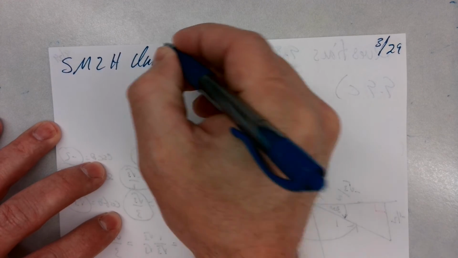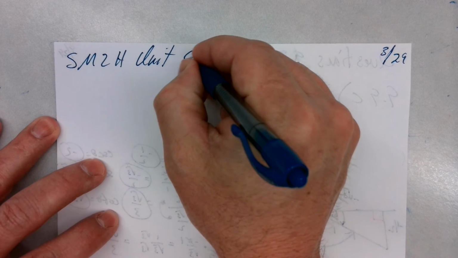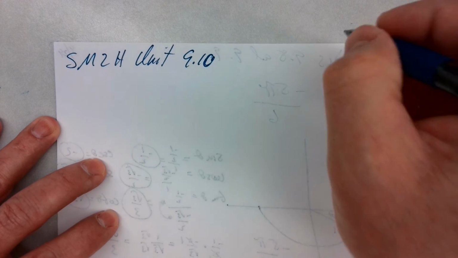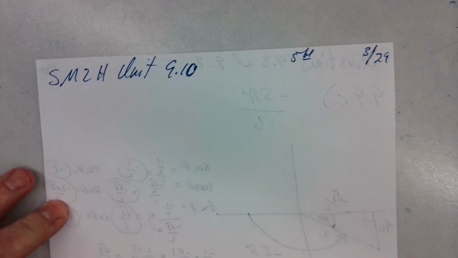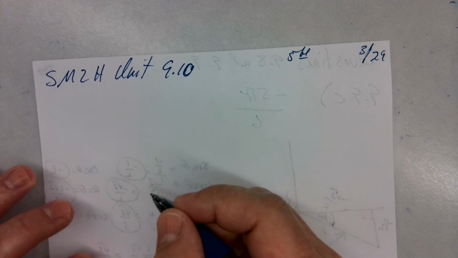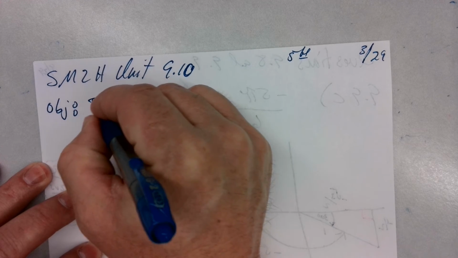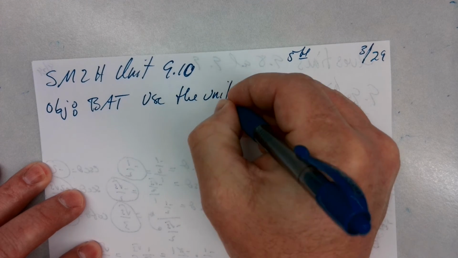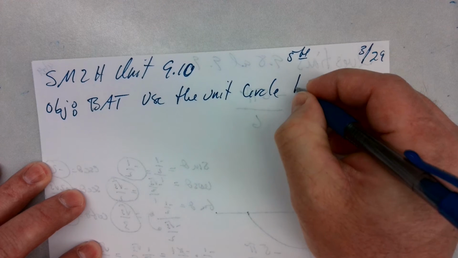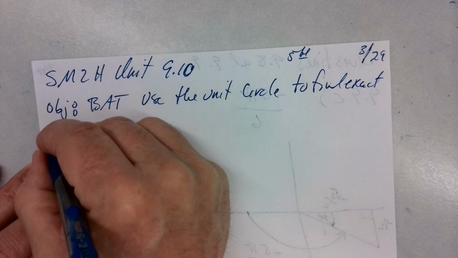All right, so this is SM2H unit 9.10, and this is 5th period, okay? And we're going to do this. Our objective is going to be to use the unit circle to find exact ratios.